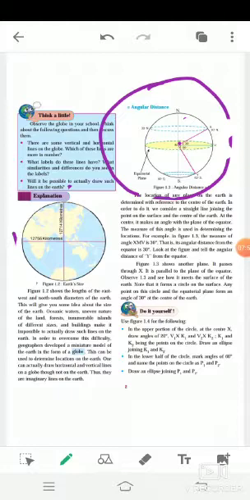For example, figure 1.3: the measure of angle XMV is 30 degrees. That is, the angular distance of X from the equator is 30 degrees. Look at the figure and tell the angular distance of Y from the equator.